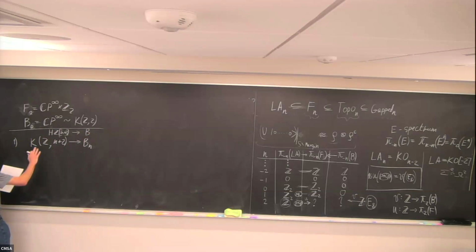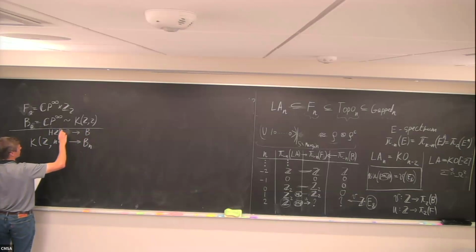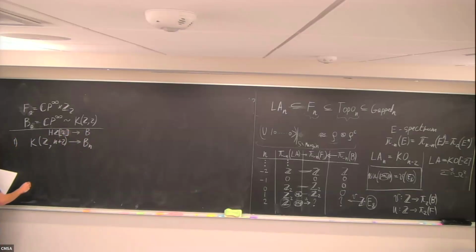Shifted by 2. Oh, 2, yeah, just 2. Thank you. In particular, we can apply this map to a classifying space of a compact group. Suppose that G is a compact group.